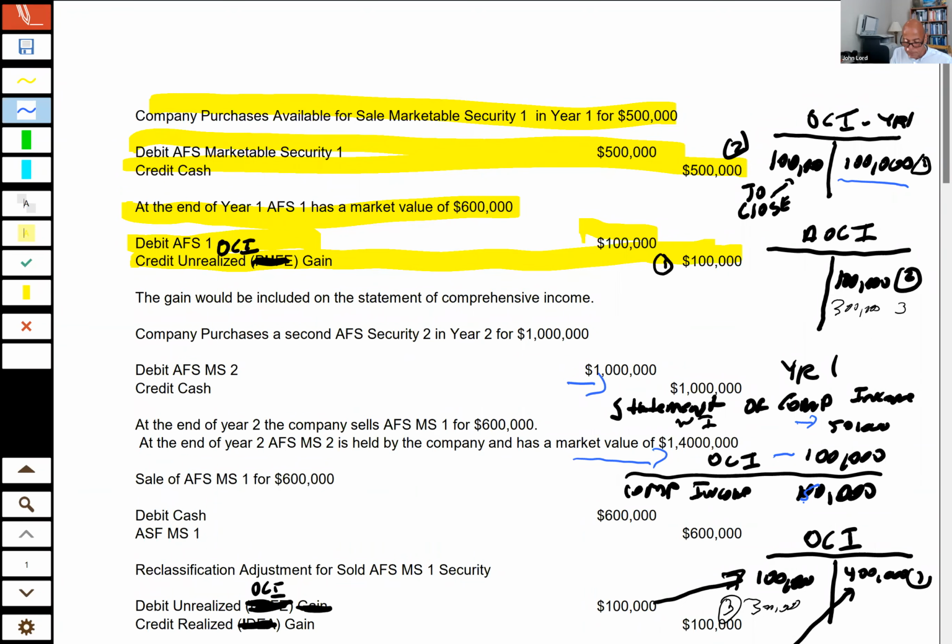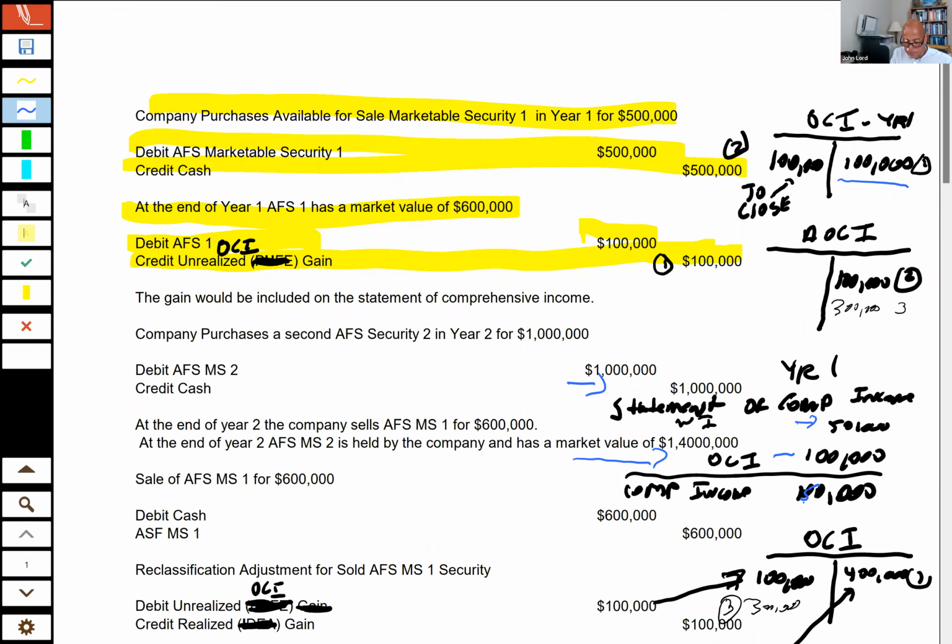Okay. Now, the unrealized holding gain that's reported there on my statement of comprehensive income is the net of the increase for the held security and the decrease caused by the reclassification adjustment for the sold security.